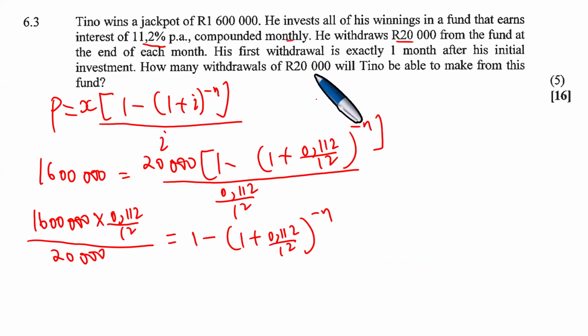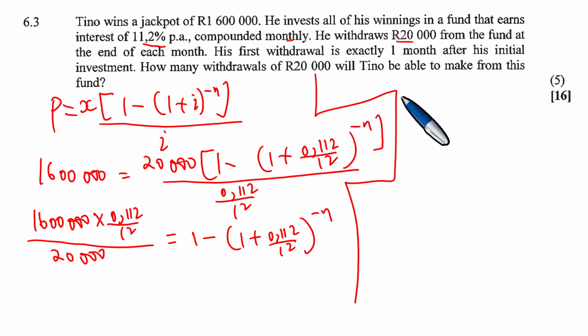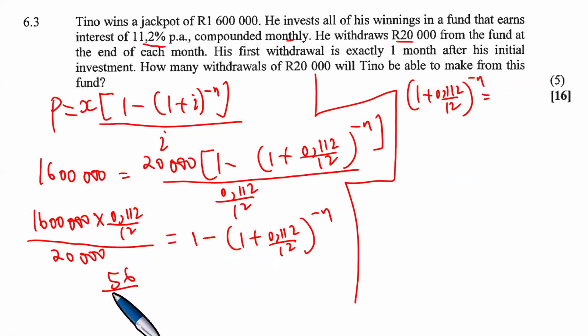Meaning that 1 plus 0.112 divided by 12 to the minus n. Right, so we move this one to the left and this one to the right. But before you do that, you realize that if you use a calculator, the 1.6 million times 0.112 divided by 12, divided by 20,000 is going to become exactly 56 divided by 75.